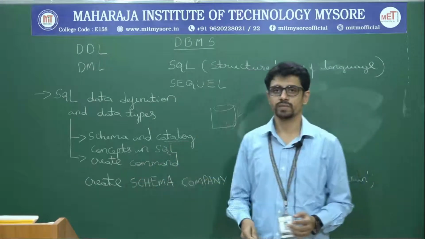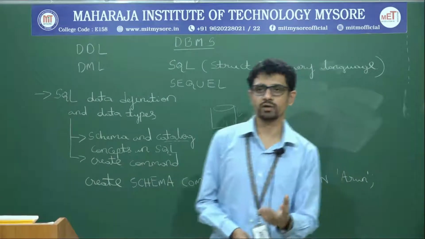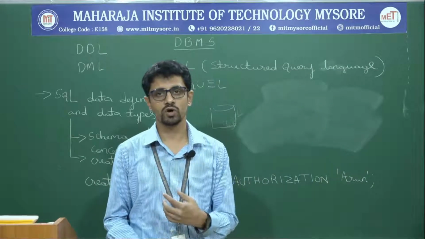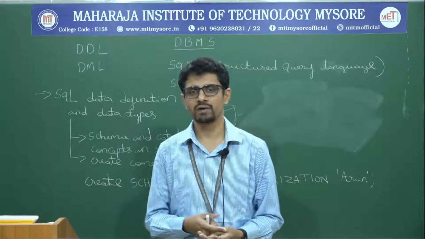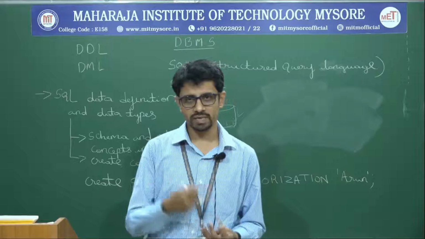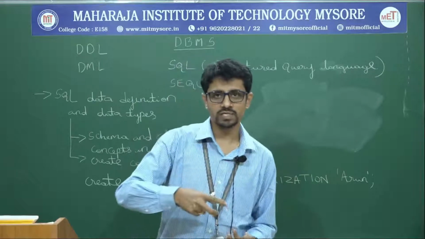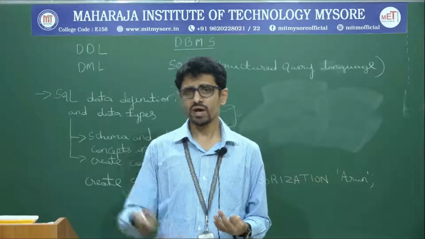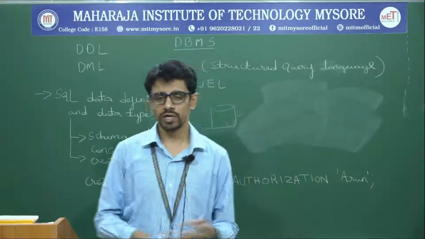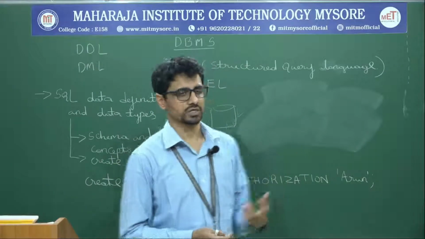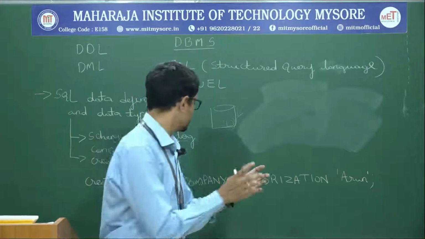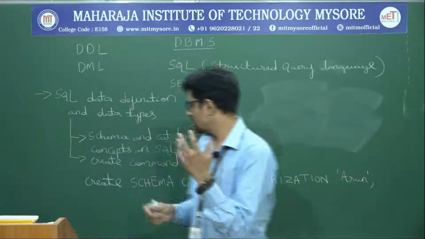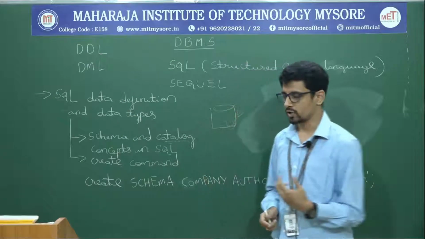In general, just understand that a catalog stores the description of the whole database: how many tables I have, how many attributes each table has, what constraints I am putting on those tables, and what the domains of the attributes are. All these constructs come under the catalog. Hope I made it clear what exactly a schema and a catalog are.